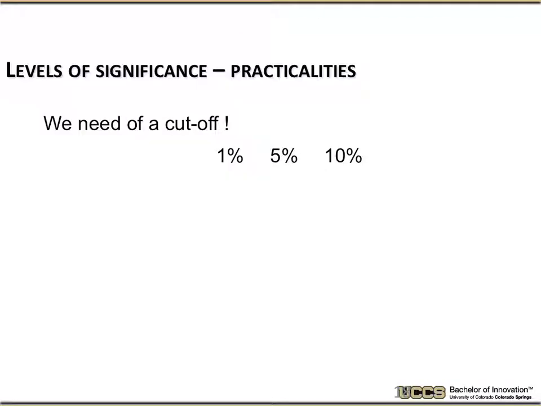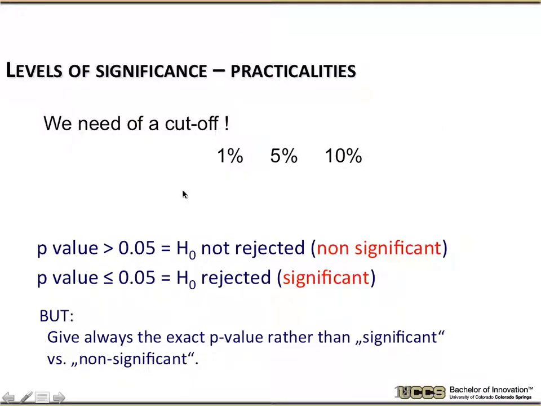So as I said, some various values, 1%, which is 0.01, and 5% are pretty common, and we will generally refer to those. And in your paper, you should say at the p equals 0.1 level, p equals 0.01, whatever. So my recommendation is actually always give the p-value rather than just significant versus non-significant.